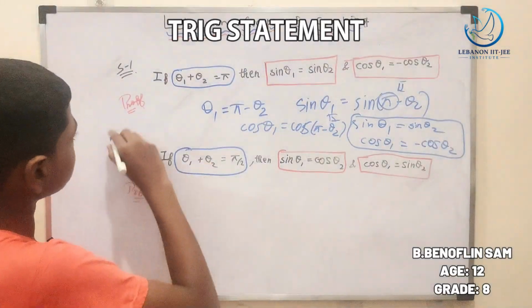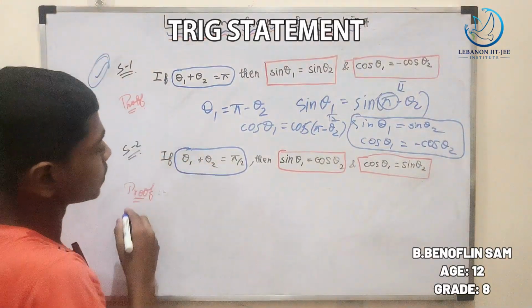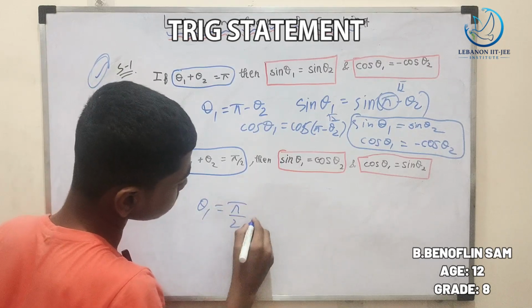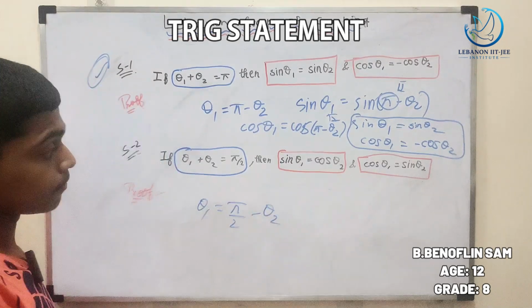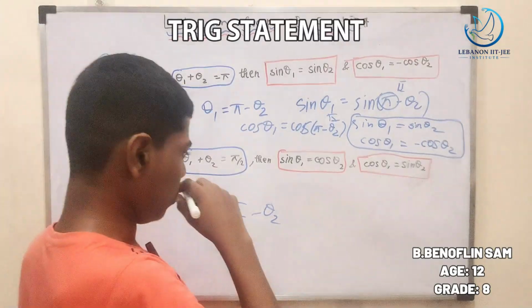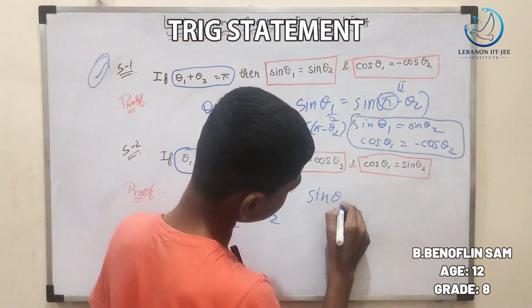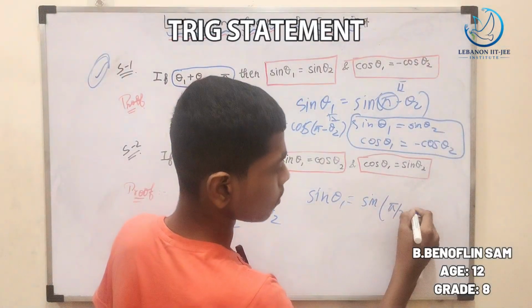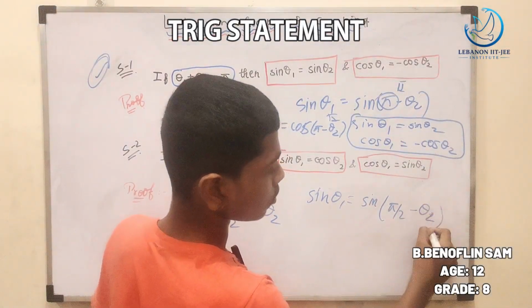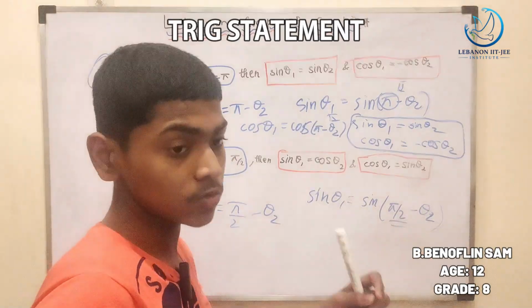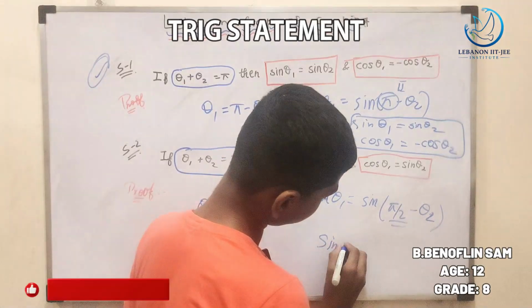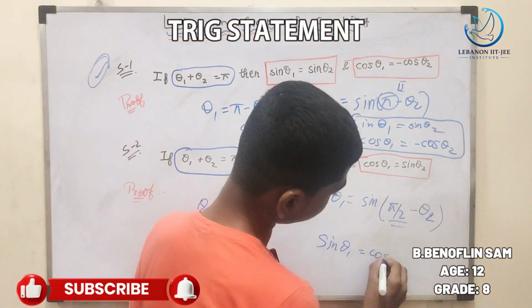Now statement 2. We can write theta 1 is equal to pi by 2 minus theta 2. So sin theta 1 is equal to sin of pi by 2 minus theta 2. This is the first quadrant, so it is positive, but it changes, so sin theta 1 is equal to cos theta 2.